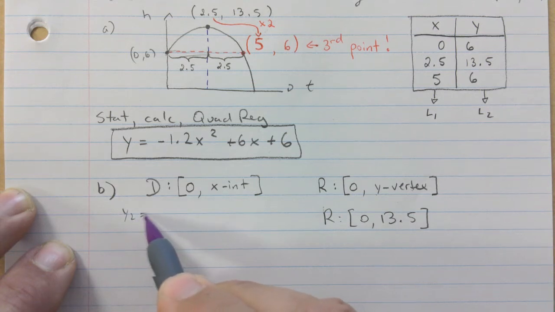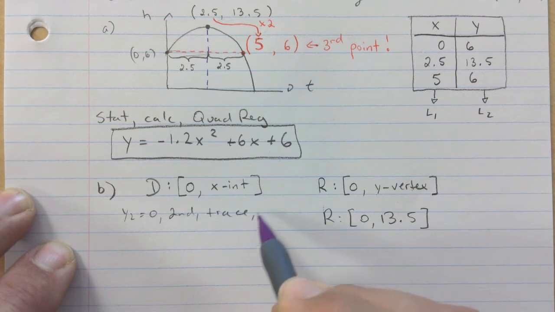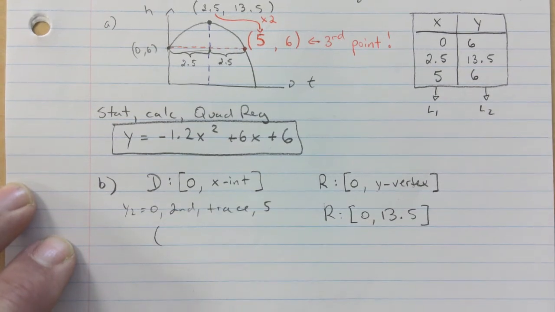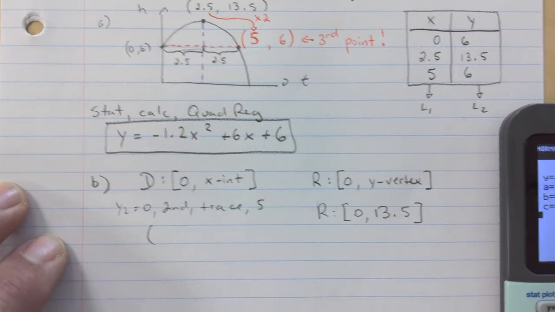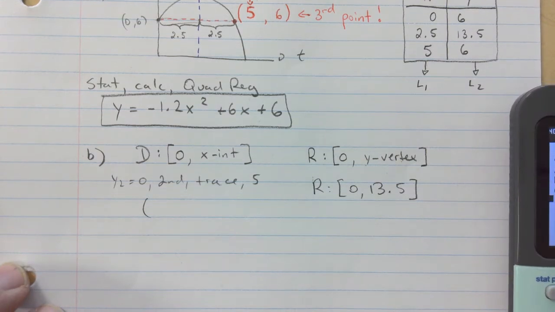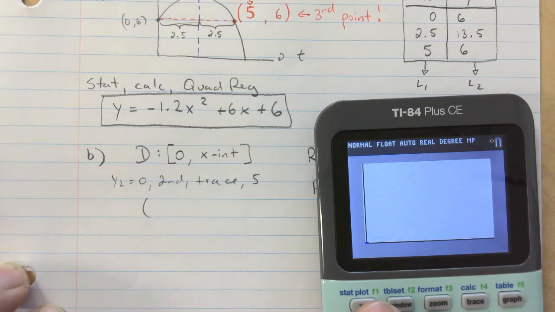X-intercept, we're going to go ahead and find it. Okay, you have to find it. You don't know what it is. It's not 5. So let's graph it, okay? Same as before. You're using L1 and L2. Therefore, plot 1 should be turned on.